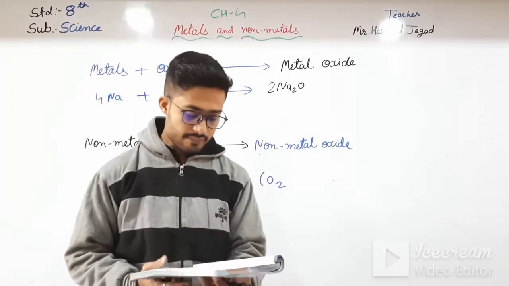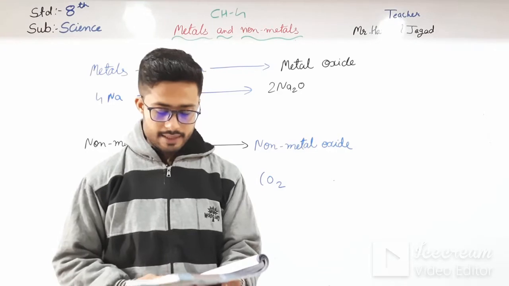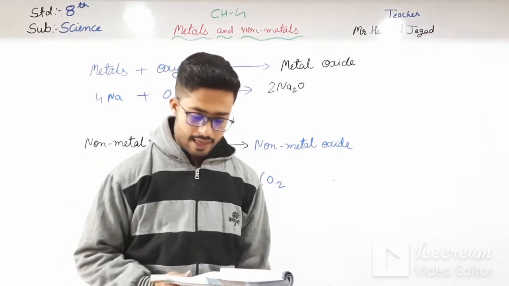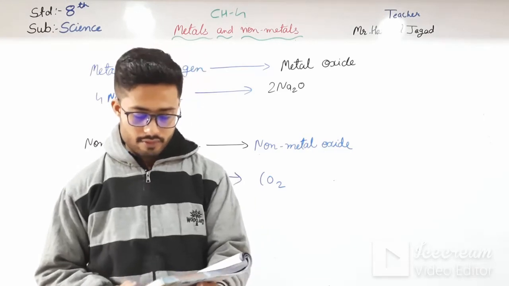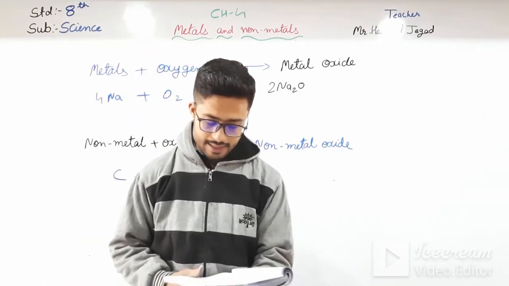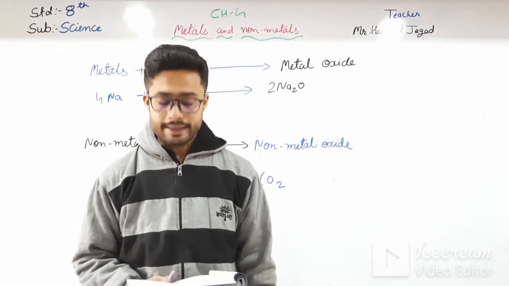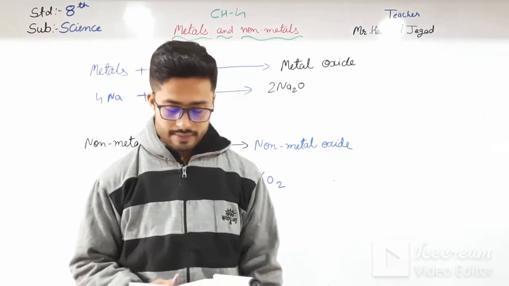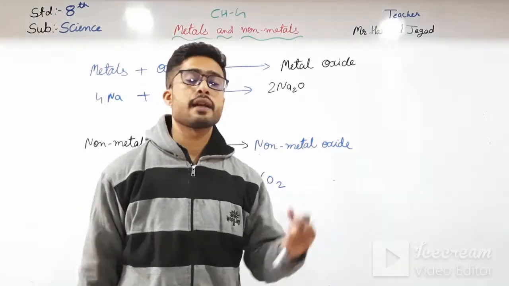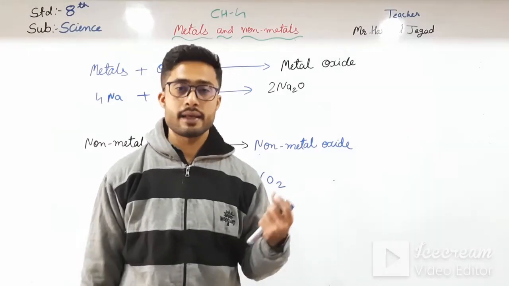Okay, and see here, sodium is a highly reactive metal. It reacts spontaneously and vigorously with the oxygen present in the air to form sodium oxide. It catches fire if kept exposed, and for that reason it is stored under kerosene. Okay, so it doesn't react with the oxygen in the air, so it is kept in the kerosene.